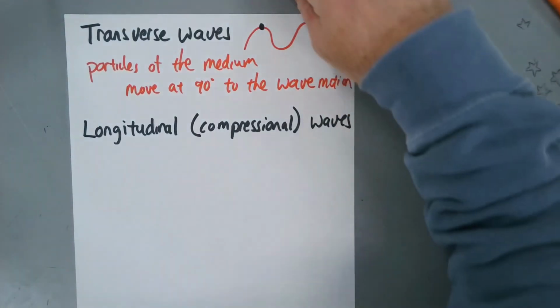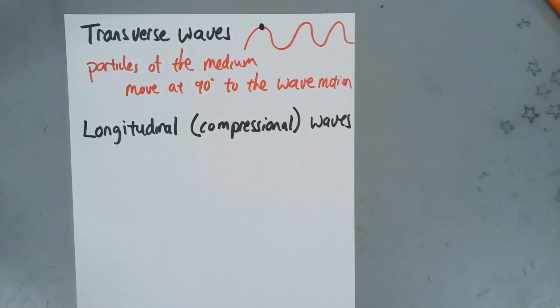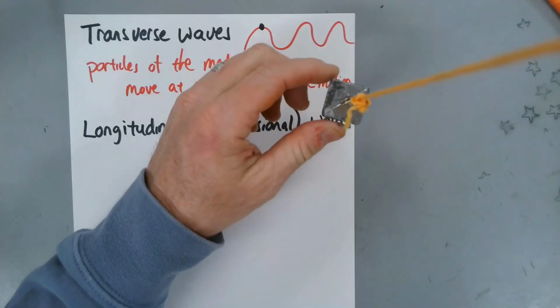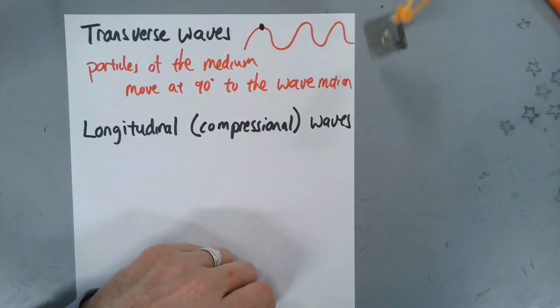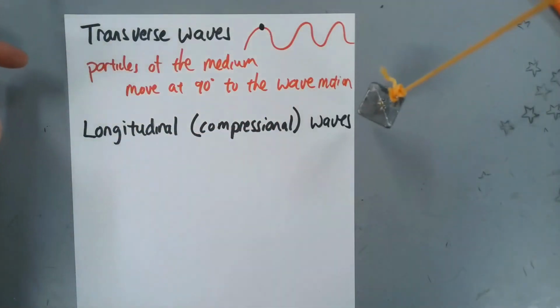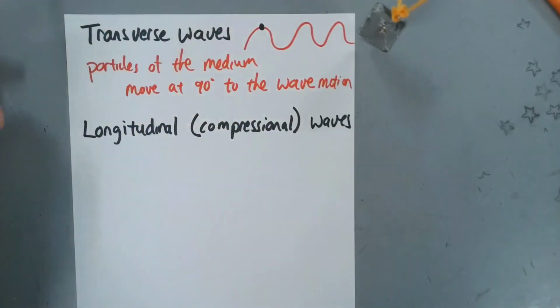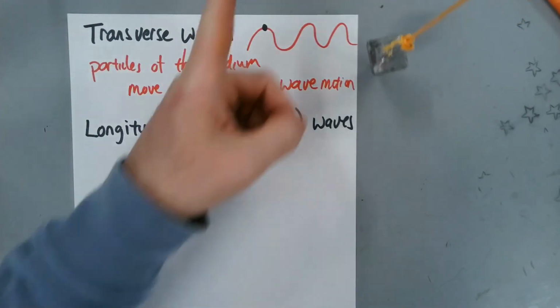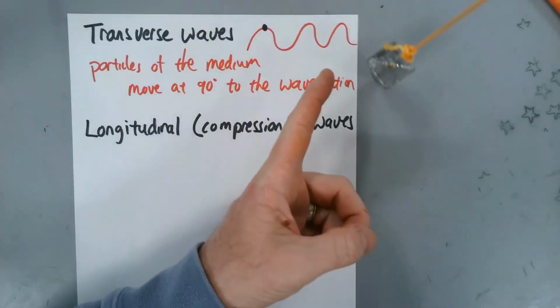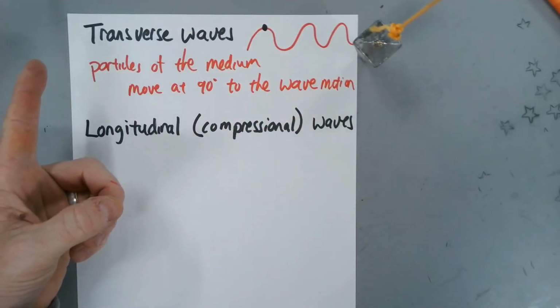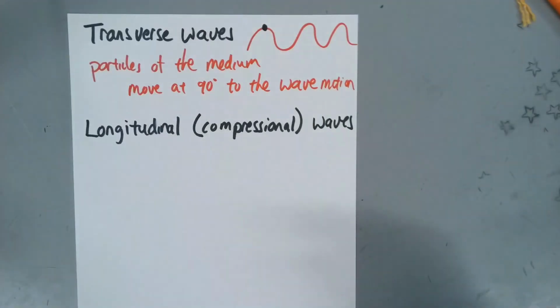However, you can also have what's called a compressional wave. Our transverse waves, going back to simple harmonic motion, is more representative of our pendulum swinging back and forth. I have my graph going this way, so my wave shape is coming this direction, but my pendulum is moving at right angles to my paper that was being drawn on.